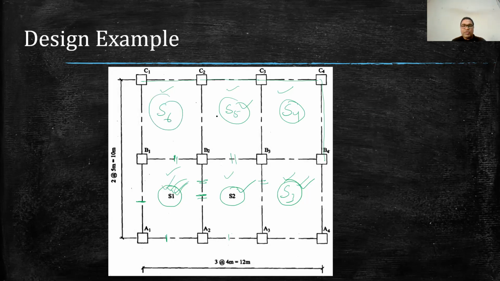So in this plan you can see there are basically two types of slab. One is type 1, S1, which has two edges continuous and two edges discontinuous, and the second type of slab, S2, has three edges continuous and one edge discontinuous.